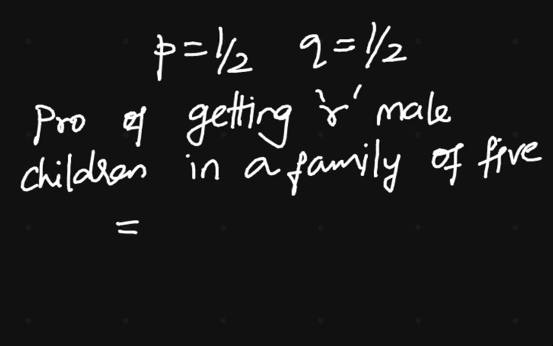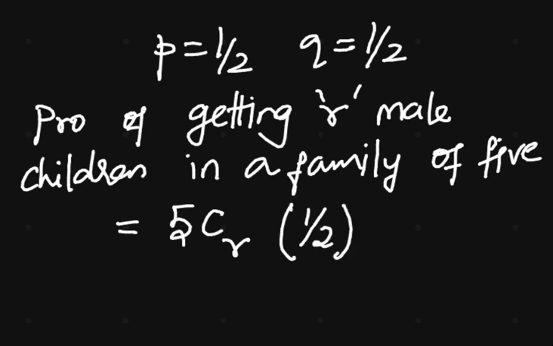So I am going to use the binomial distribution. Totally, how many children are there? It is 5. Out of 5, I have to get r male children. So I'm writing 5Cr, and the probability of success, the probability of getting a male child, is 1 by 2, 1 by 2 power r. And then what is q?